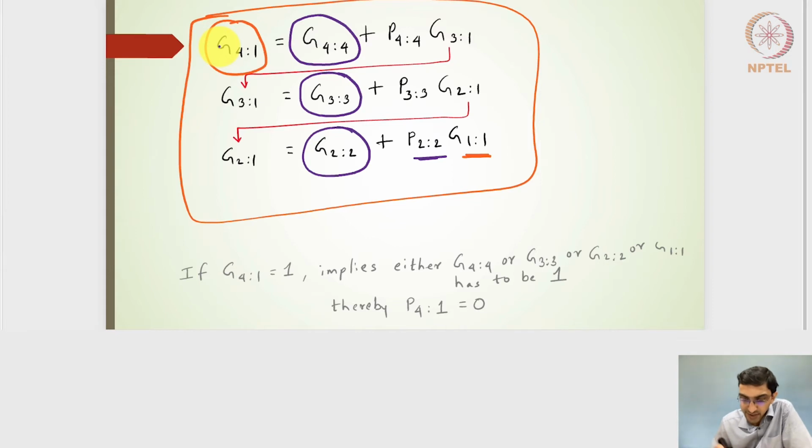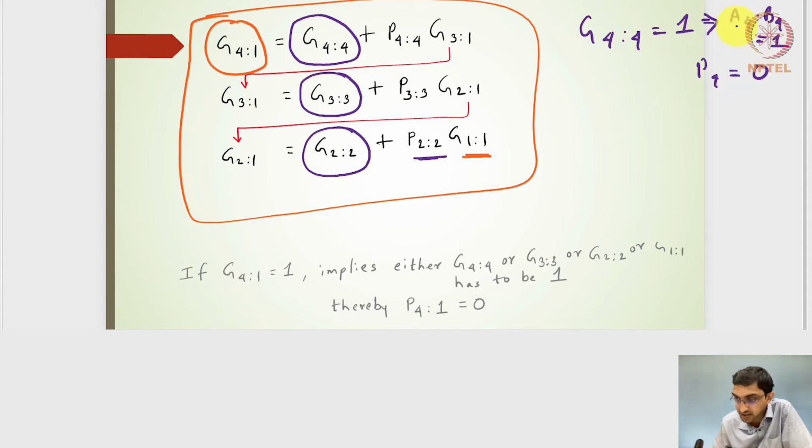Now if I look into this G4:1 as 1, let's say G4:4 is 1 in this case, so that I'll be able to generate G4:1. The moment G4:4 is 1, that means A4 ANDed with B4 has to be 1. That means A4 and B4 bits are 1. So in that sense, my P4 bit has to be 0, right?